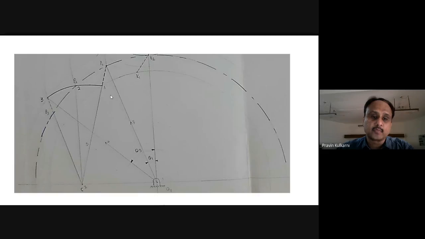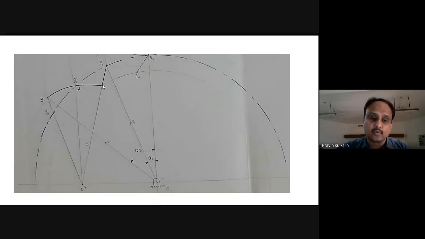Now, if we talk about the leading and lagging points, remember that P1 is leading, 1 is behind, because that is important at a later stage for the pinion. 1 P1 is the normal to the profile at point number 1. 2 P2 is a normal. 3 P3 is a normal to the profile at point 3.